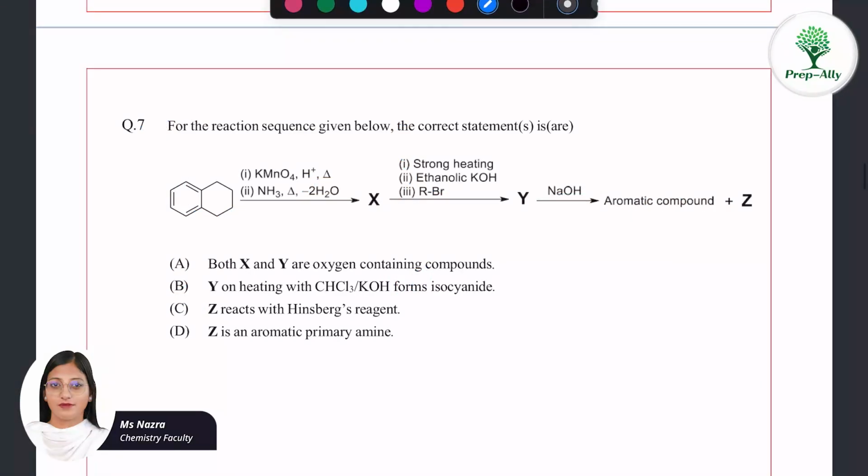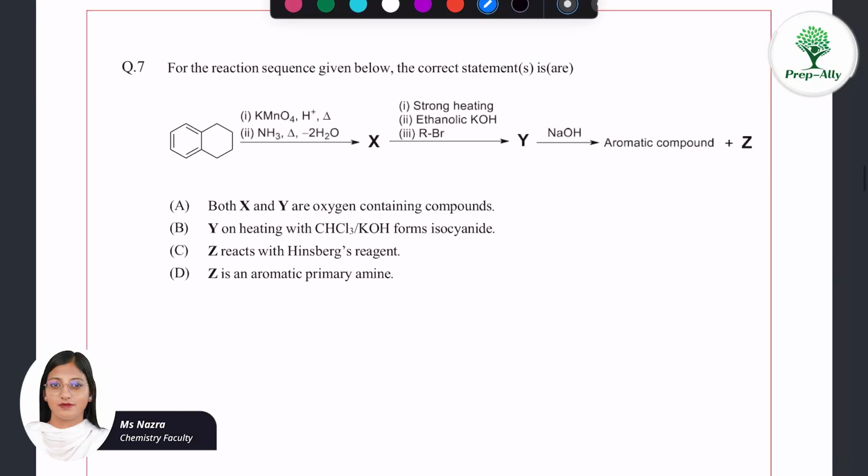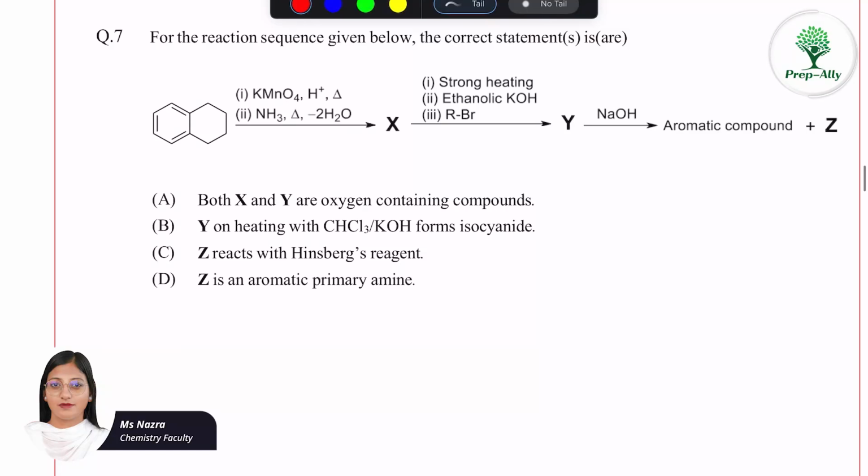Question number 7. For the reaction sequence given below, the correct statement is: both X and Y are oxygen containing compounds. First we will see the passage, try to work out the products X, Y and Z, and then we'll read the options. First, what the question is saying is that in this compound we have added KMnO4/H+. What is the purpose of KMnO4/H+?